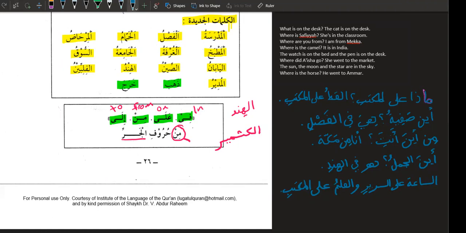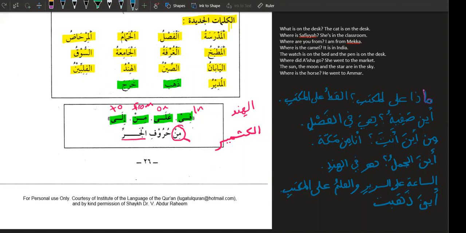Then we had, where did Aisha go? This one is a bit challenging. We said the verb to go is ذهب, but we mentioned that if it's female, we just add an open ta to make it feminine.